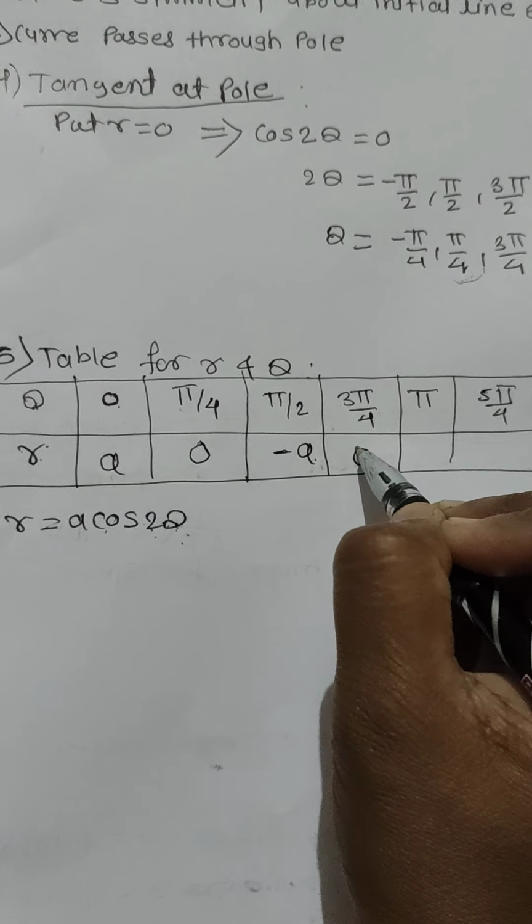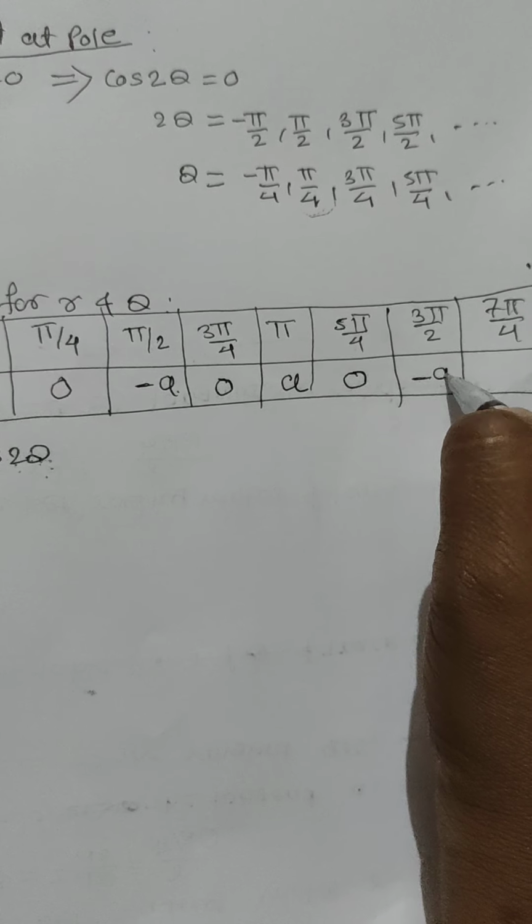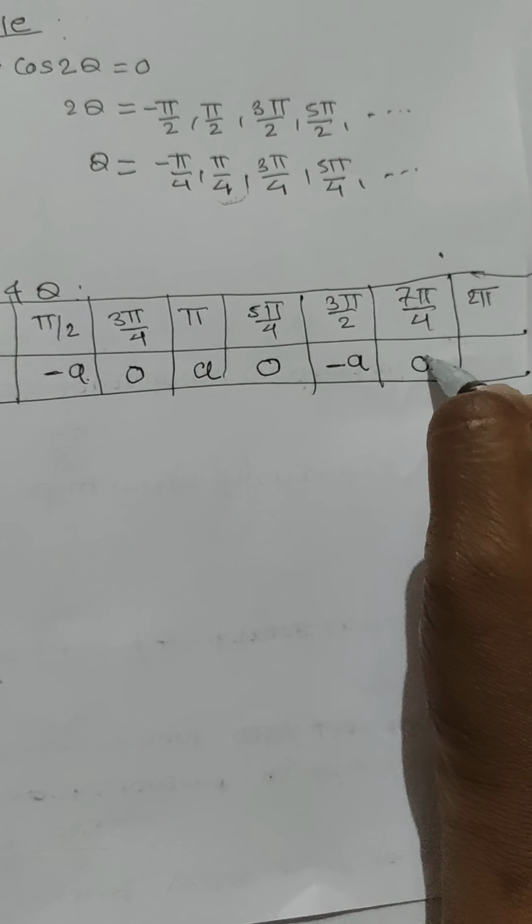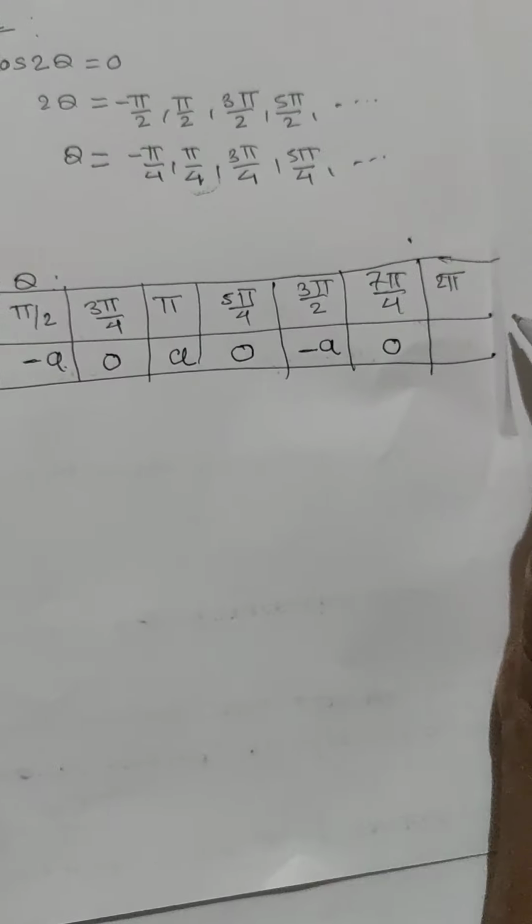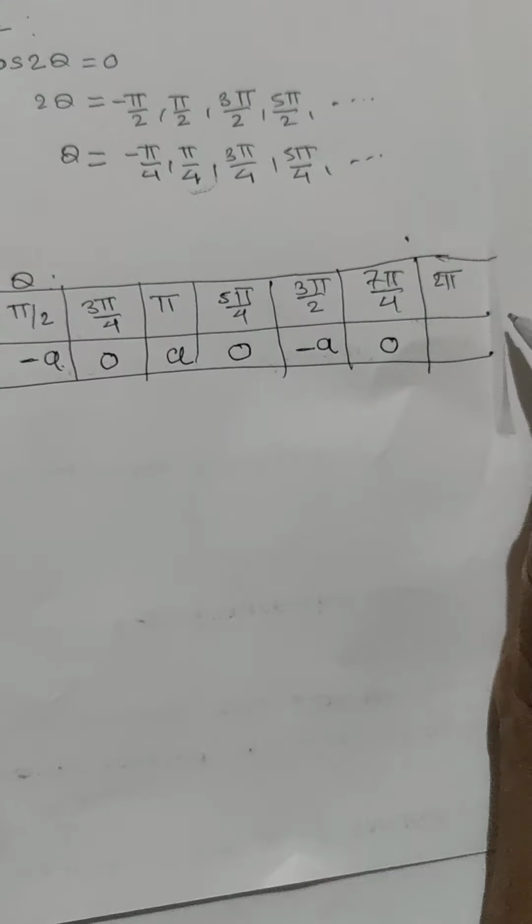At θ = π, cos 2π is 1, so r is a. Again we get 0 at 5π/4. At θ = 3π/2, the 2s cancel, cos 3π is again −1, so r = −a. At 7π/4 it is 0, and at 2π cos 4π gives the value a. In that way we find the corresponding values of r.